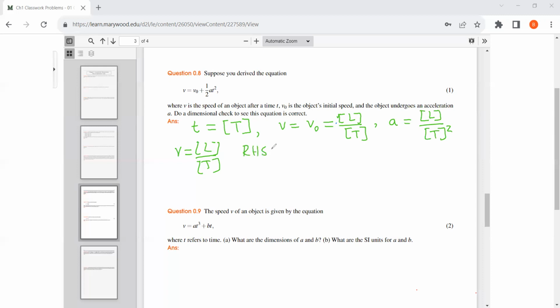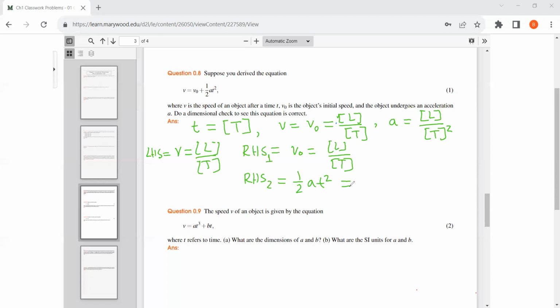The first term is v0, which again is L over t, so that makes sense. It matches with the left hand side.